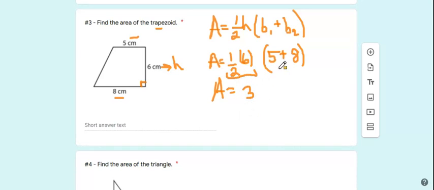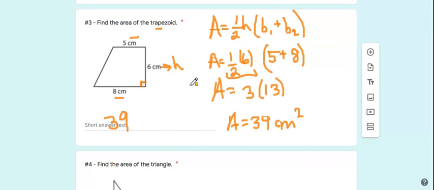And then what about inside the parentheses? What's 5 plus 8? That's 13. So I have 3 times 13. And what is 3 times 13? That would be 39, right? So the area of this trapezoid is 39 what? 39 centimeters squared, since area is in square units. But in the Google form, we just put the number in, so just put in 39.